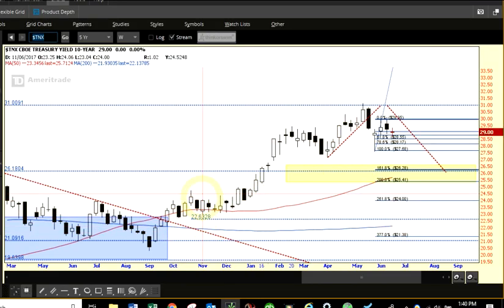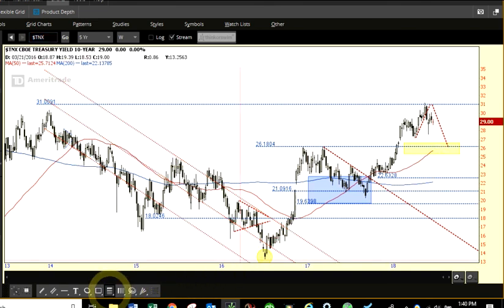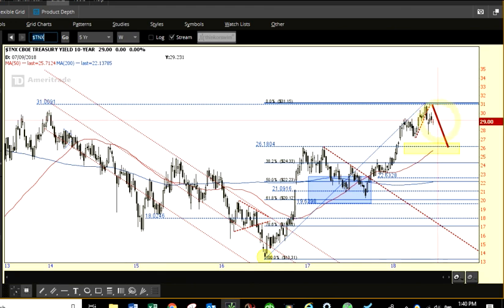If we wanted to measure, let's back up a little bit. This is not pertinent to what we're discussing right now. Let's do a retracement of this move right here, from here all the way up to here. So far we haven't even pulled back. The 38% retracement would be here, so the 62% would be down here around 2%.